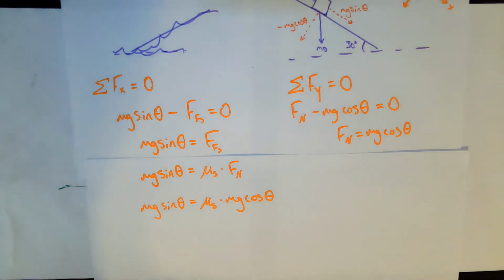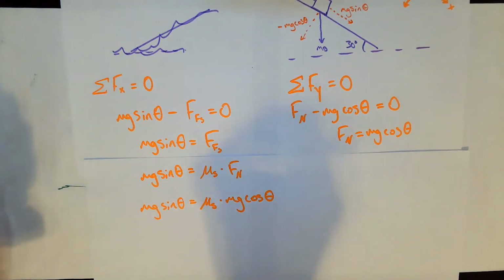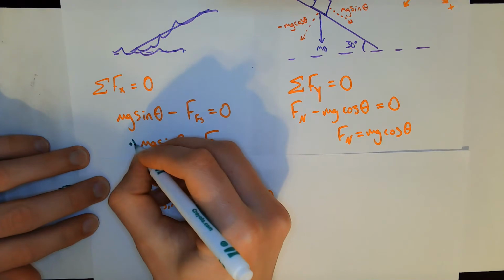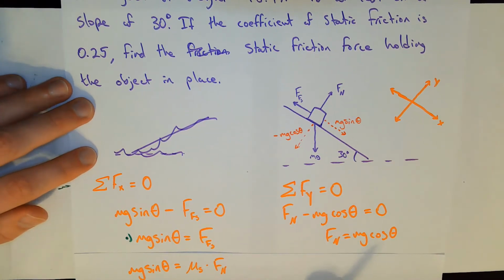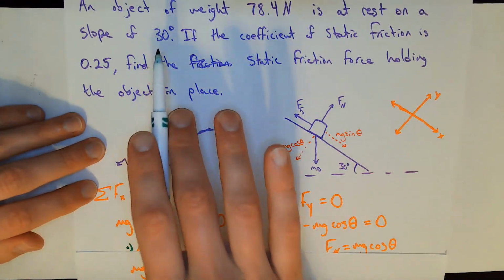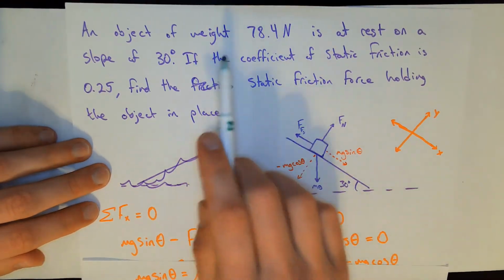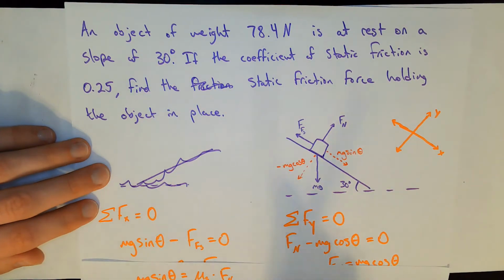Now, I may have gotten a little ahead of myself here because all I was asked to find is this. What was I asked to find? The static friction holding the object in place. So do I really need to tear everything apart like this? No. I could just go right from right here. I was given the angle, I was given the object's weight mg, and I was given the coefficient of static friction.